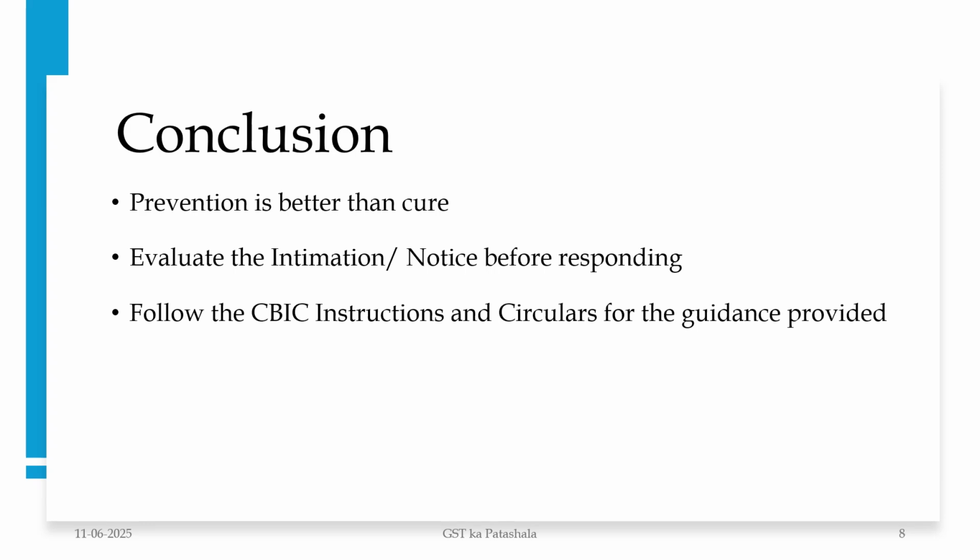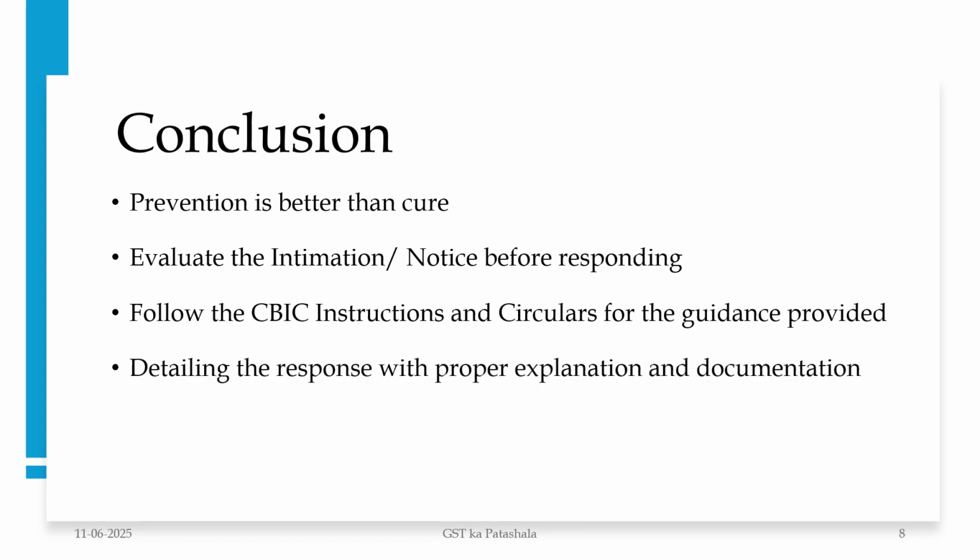Follow the CBIC instructions and circulars, which are very, very clear on what should be the plan of action by the proper officer before issuing a notice. Deal with the response with proper explanation and documentation. Give utmost care with respect to detailing: what the proper officer noted, what happened, what documents you have, what was the gap, whether it was a clerical error at the proper officer's end.